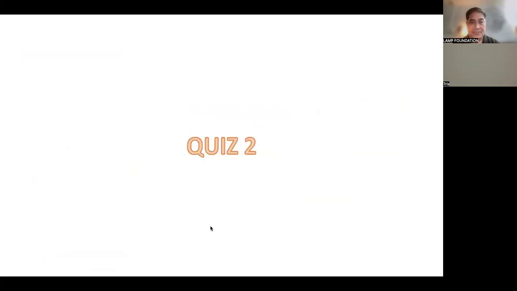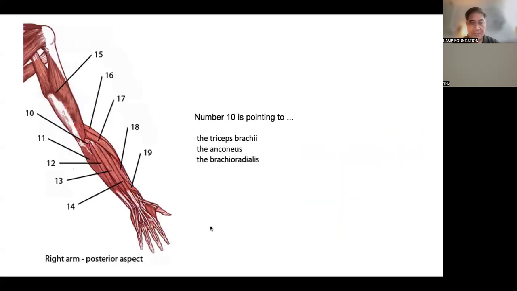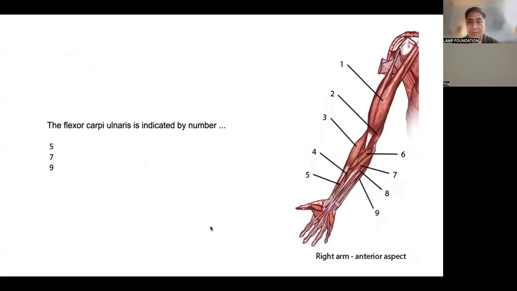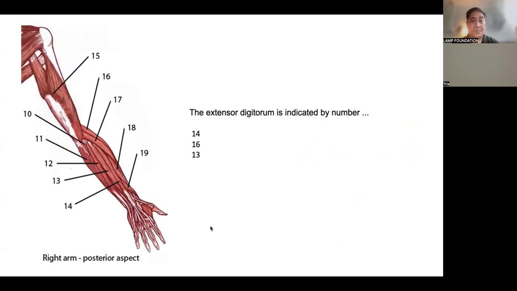Pronator teres is what number? Number 6. Palmaris longus. It's number 8. Number 10 is the anconeus. Flexor carpi ulnaris is number 9. Number 4 is the flexor digitorum superficialis.